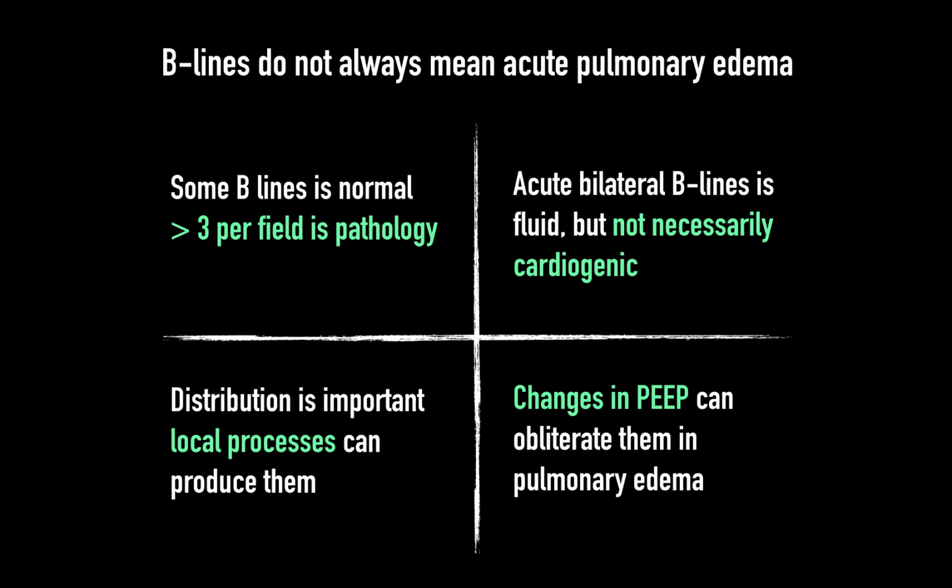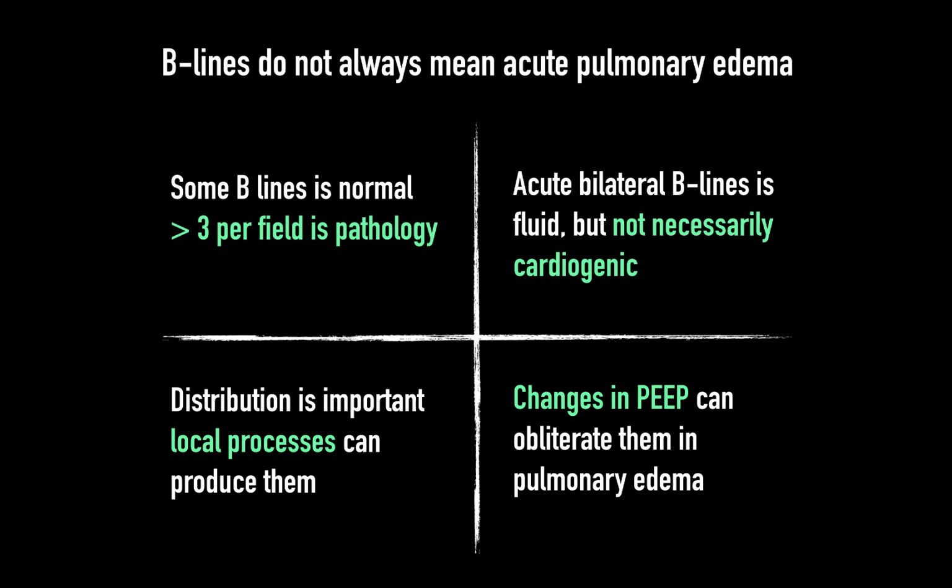There are some important caveats to B lines. While most people associate them with pulmonary edema, they represent any sort of interstitial thickening. Other characteristics and contexts are critical in this setting.